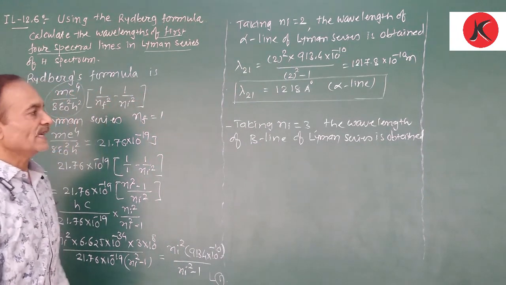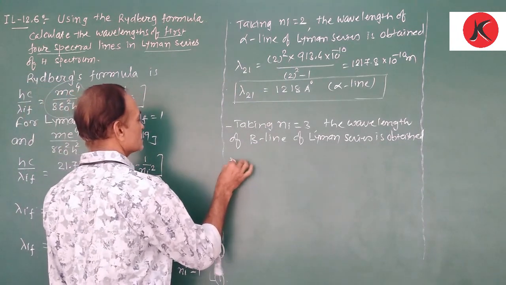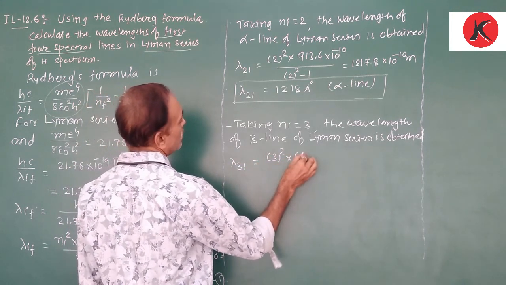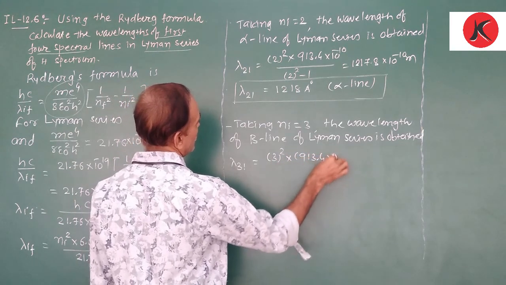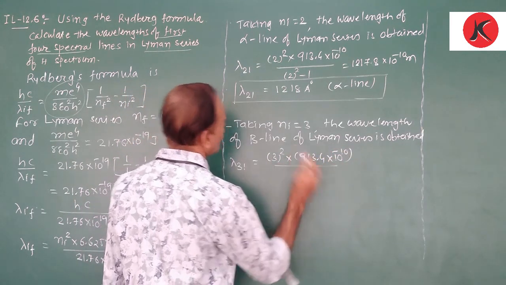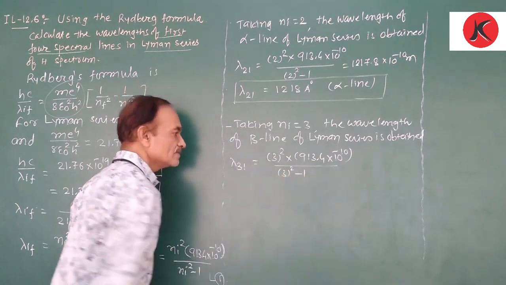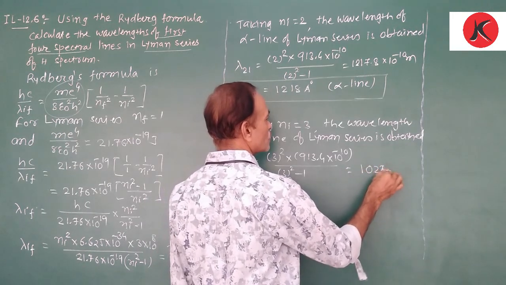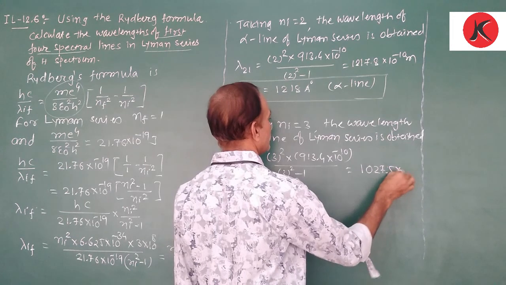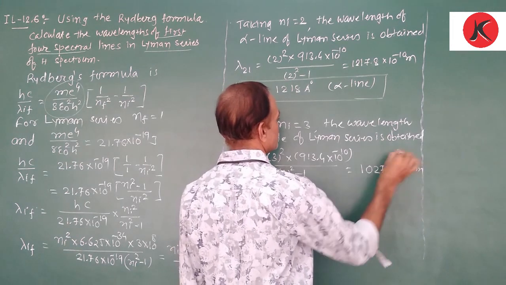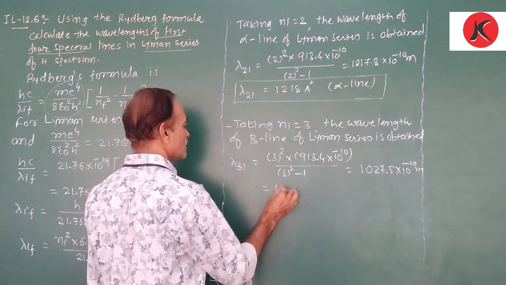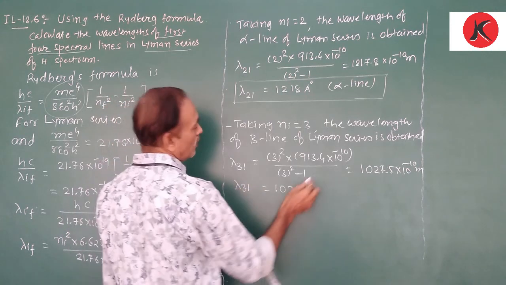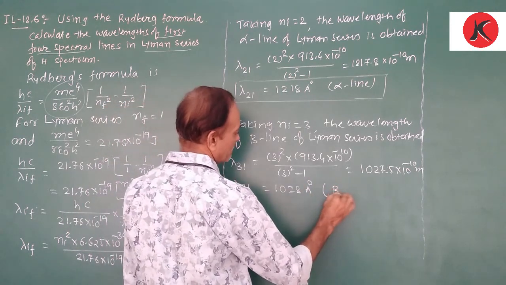Therefore, taking Ni is equal to 3 in our equation, lambda 31, the beta line, is 3 square into 913.4 into 10 raised to minus 10 upon 3 square minus 1. As we simplify it, we obtain the answer 1027.5 into 10 raised to minus 10 meter. That means 1028 angstrom. That is the wavelength of the second line of the Lyman series in the hydrogen atom, that means the beta line.